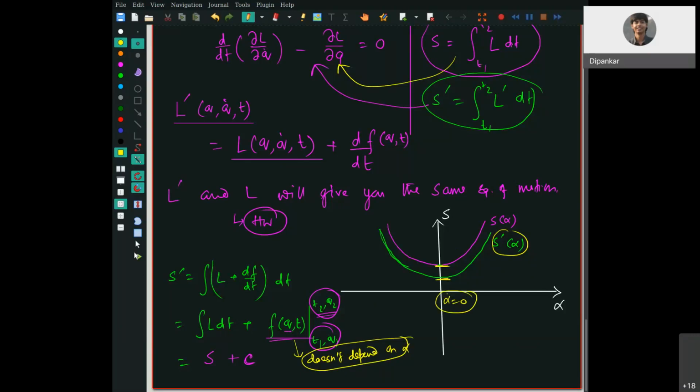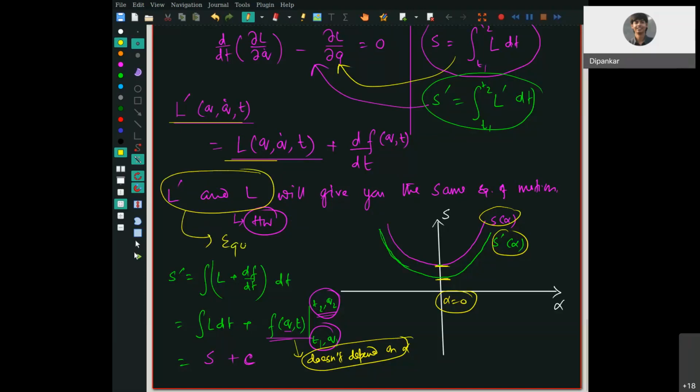And at alpha equals 0, whatever is the correct path for S alpha, the correct path for S prime alpha is the same. So it's no wonder that L prime and L will describe the same dynamical system. So what I say is that these two descriptions are equivalent Lagrangians.